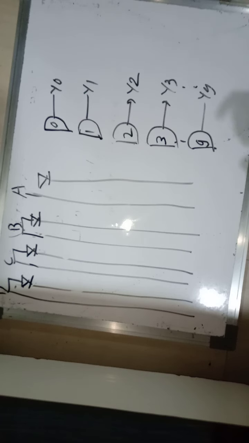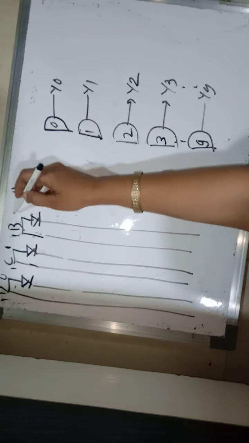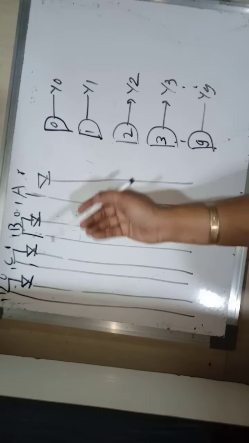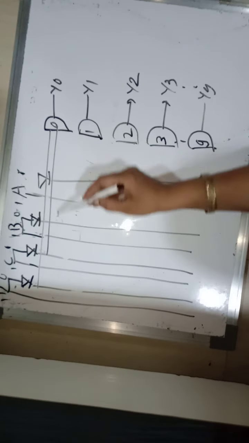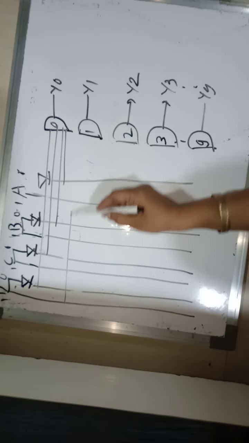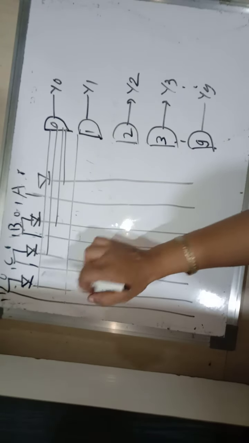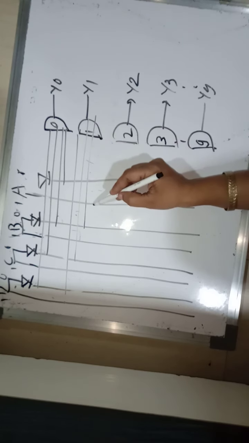Now here if you have 0 0 0 0, how are you going to connect? Suppose this is 1 0, this is 1 0, 1 0 and 1 0. If 0 0 0 0, then all the 0 lines will be connected here. If 1, then the lines are 0, 0, 0 and this is only 1.